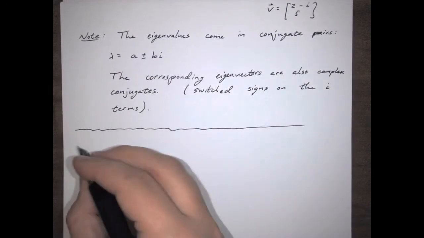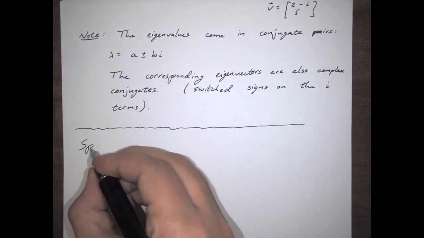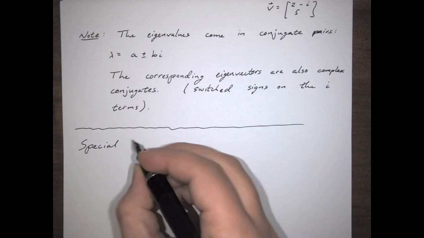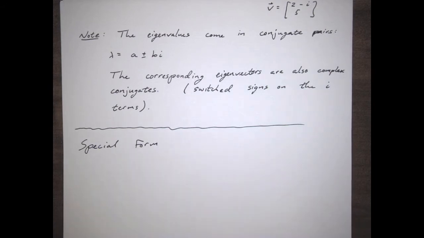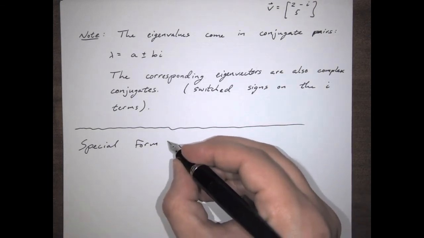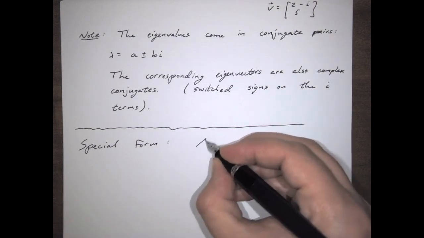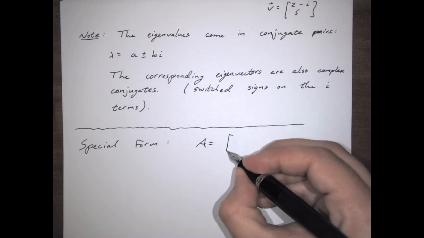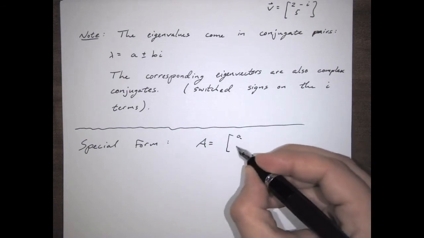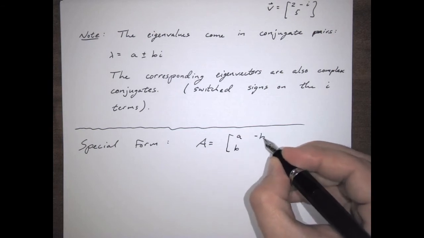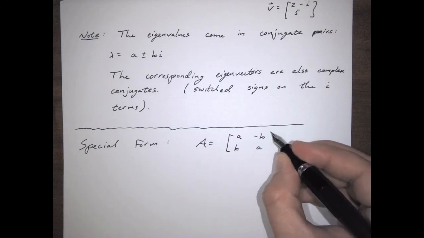Now, there's a special form for these complex eigenvalues. So these are matrices that look like this. So special form a, b, minus b, a.